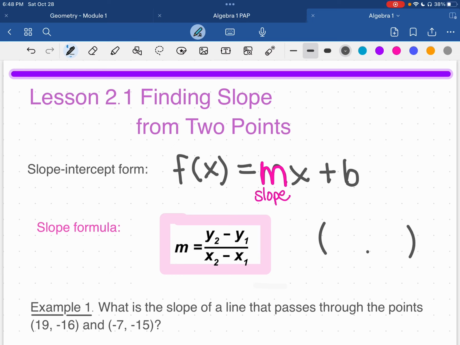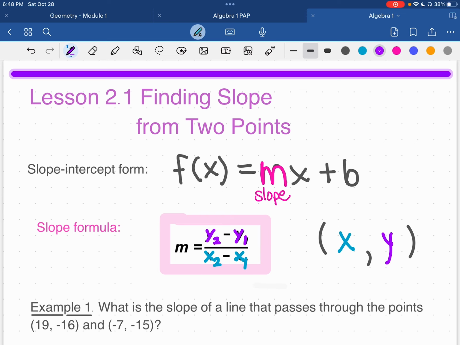Remember that an ordered pair or a point is always an x value, comma, a y value. We are going to deal with two of them, which is why we see x2 minus x1 on the denominator of our slope, or the bottom of it, and why we see y2 minus y1 in the top, or the numerator.